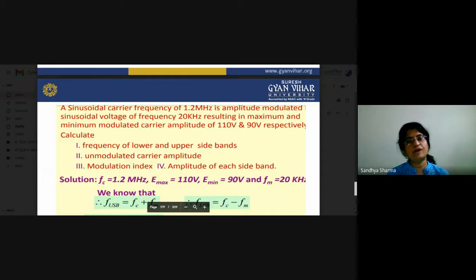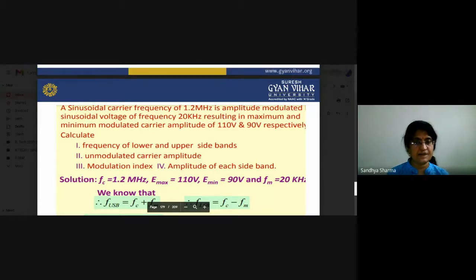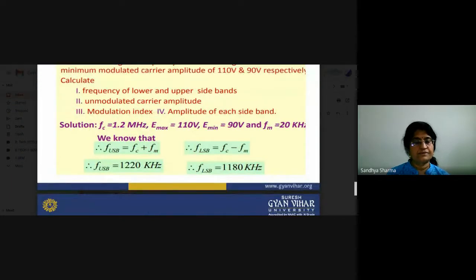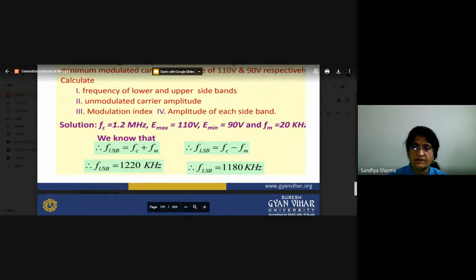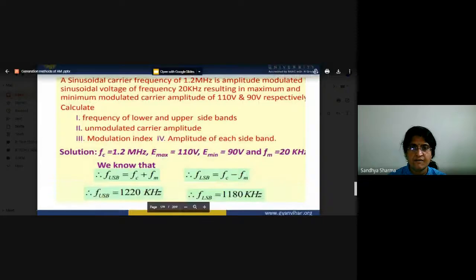First of all, you have to calculate the frequencies of the lower and upper sideband. The sidebands are Fc plus Fm and Fc minus Fm. The frequency of the upper sideband is equal to 1220, and the frequency of the LSB is equal to 1180.